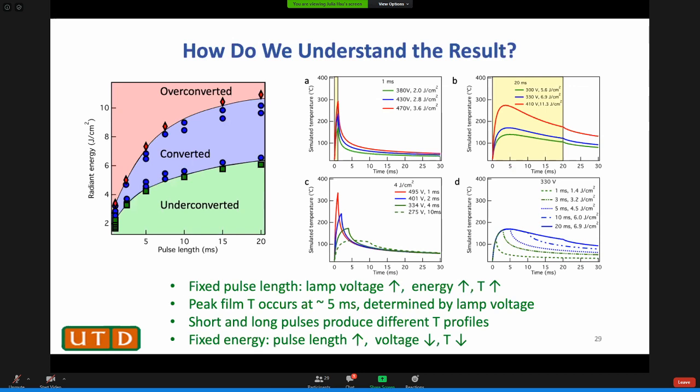Let me not go into the detail on why this is. Let me show you in XRD, whether it's short pulse lengths or long pulse lengths, they all get converted. Low, medium, and high are different amounts of energy.